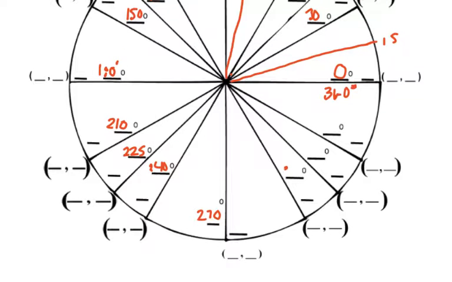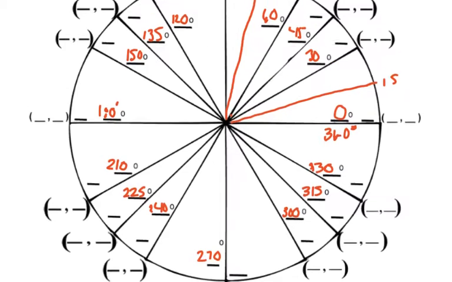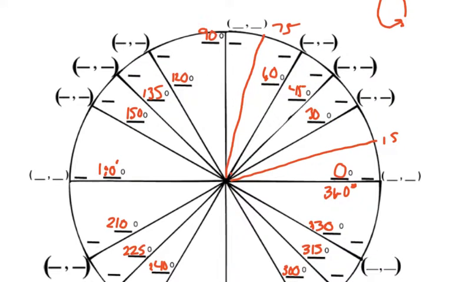Add another 30 to get 300, and then 315, and then 330, and then 360. So those are our degrees. Pretty much something that, as long as you know that we start at this base here, that is going to be 0 rotating around.